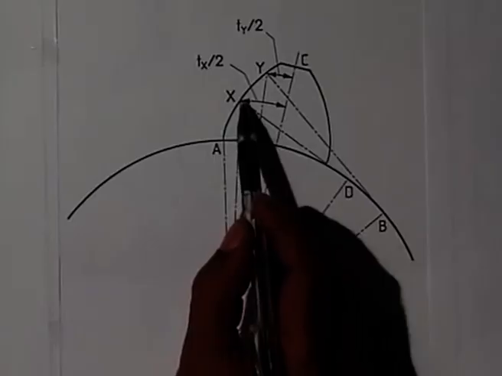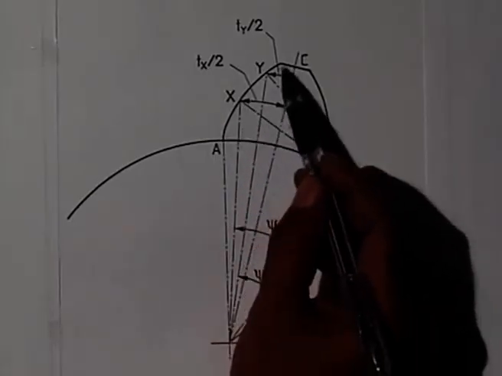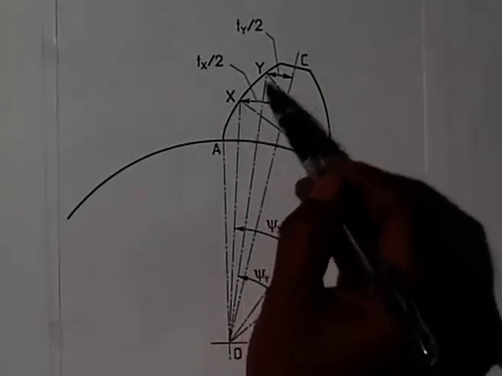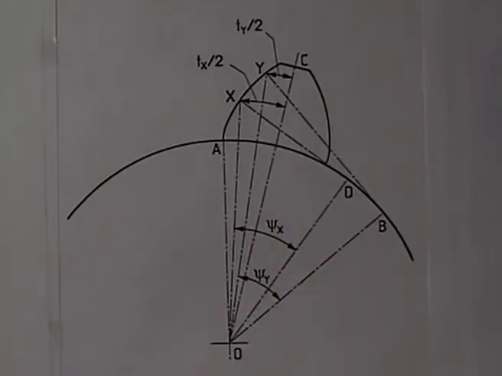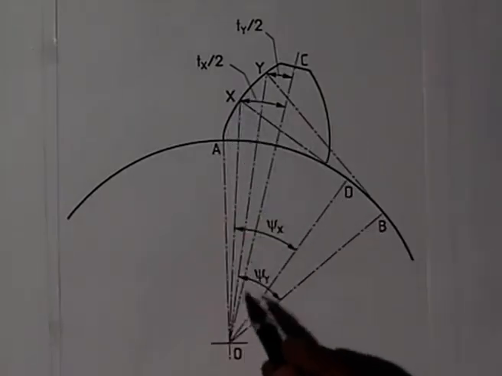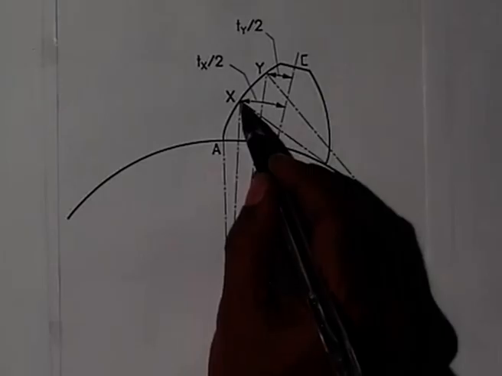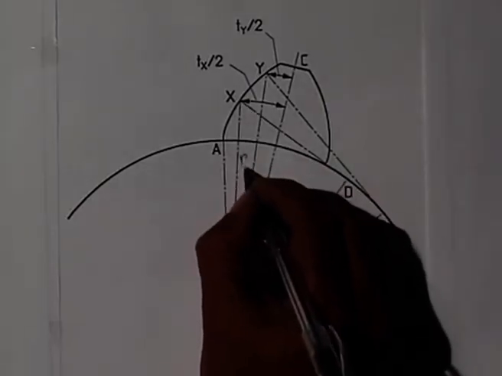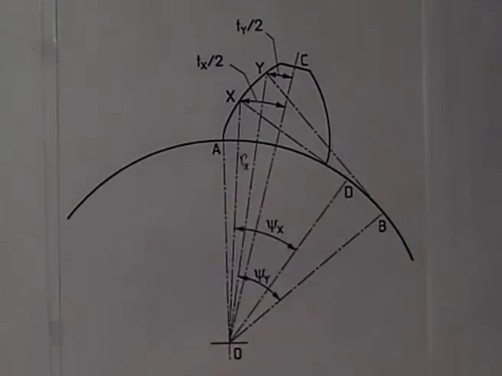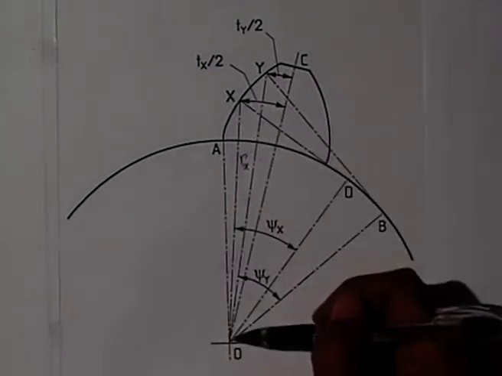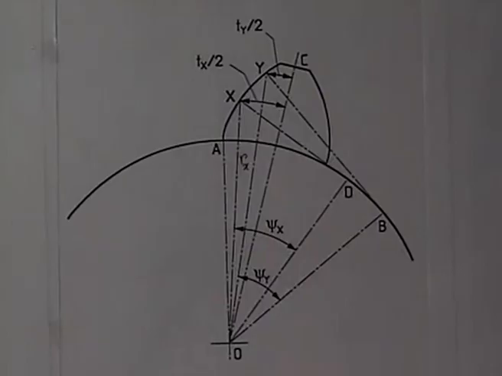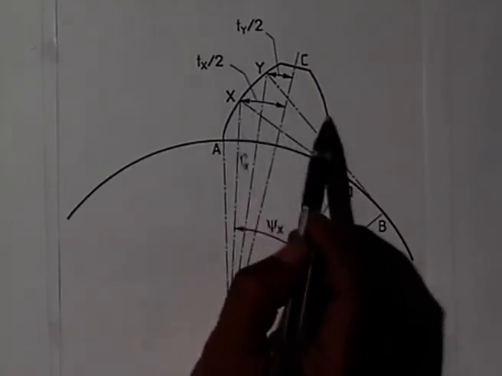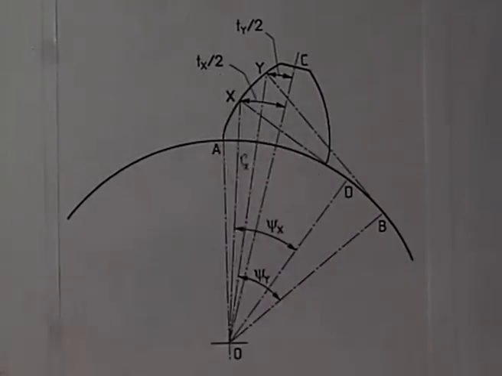Suppose the thickness of the tooth, as we see, keeps on varying from the base circle up to the addendum circle. Suppose the thickness of the tooth at any point x, which is defined by the polar radius Rx. This point x is defined by this distance OX, and the thickness at this level I denote by Tx.